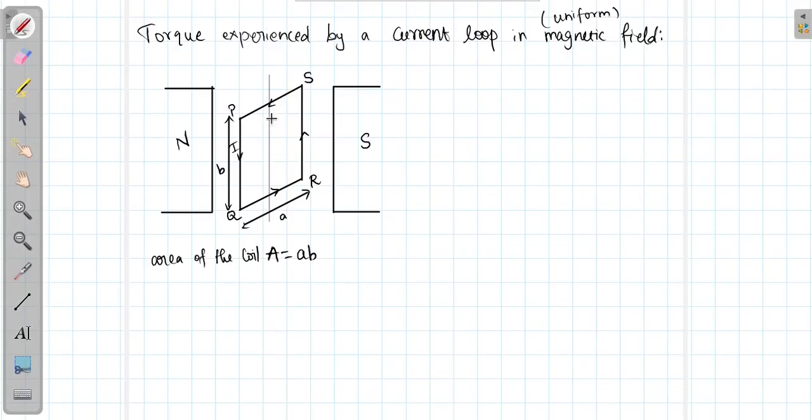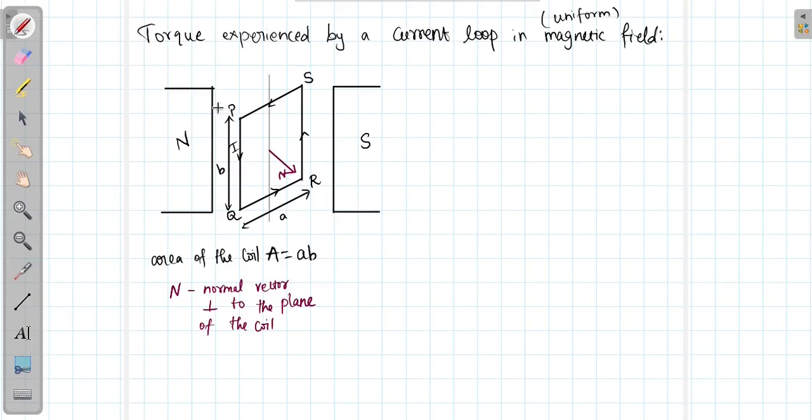Perpendicular to the plane, we have a vector which is called the normal vector N, perpendicular to the plane of the coil.